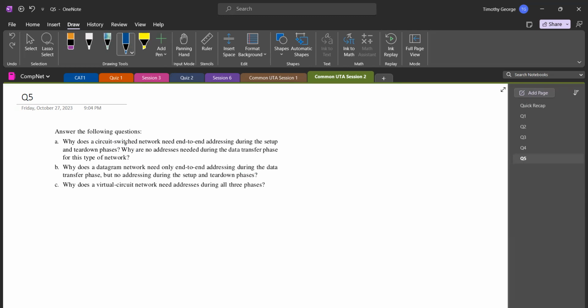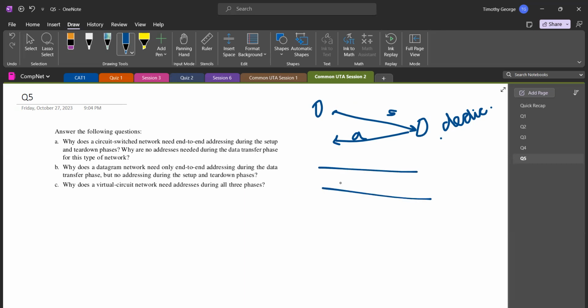So what happens when you do the setup first? You get that acknowledgement that we have a connection now. Right now you have a dedicated circuit connection. Do you need to know who's over here, what node is over here? You don't need to, because once you have this connection, it's like a road.